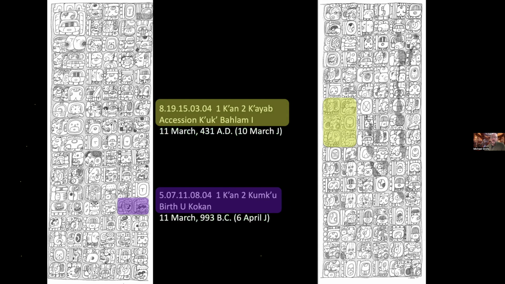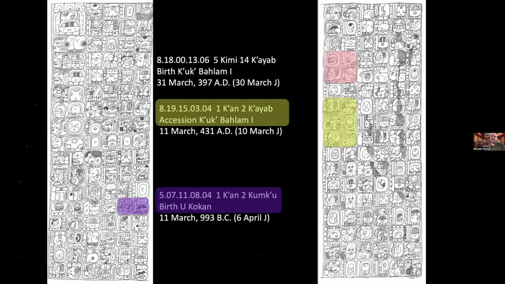So if we then look at the birth date of K'uk Bahlam I, here I've highlighted it in pink over in the east panel. That birth date is 8/18/13/6, 5 Kimi 14 Kayab again. And that date's the 31st of March in 397 AD.